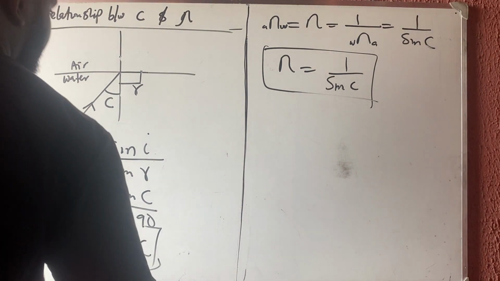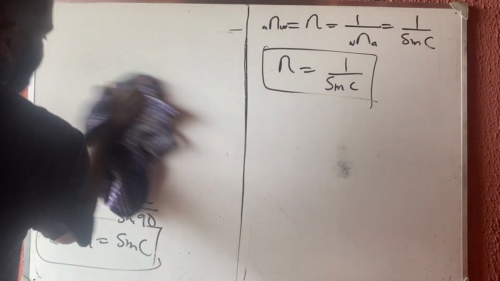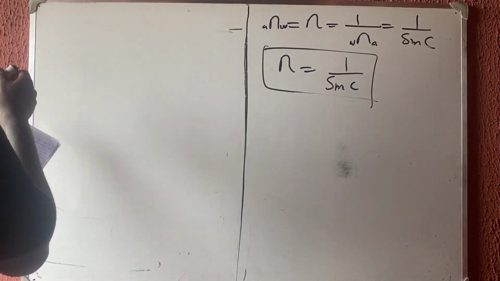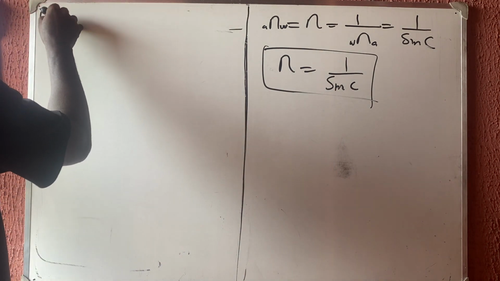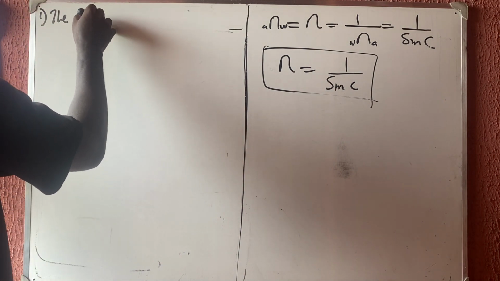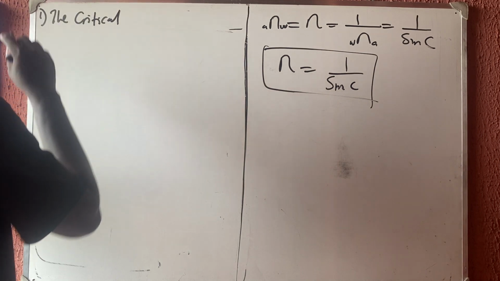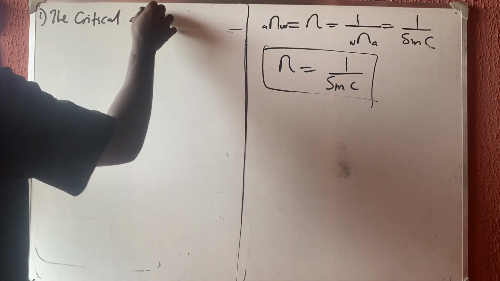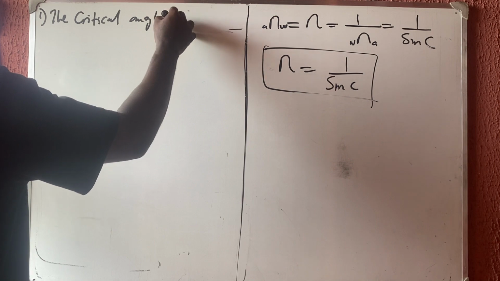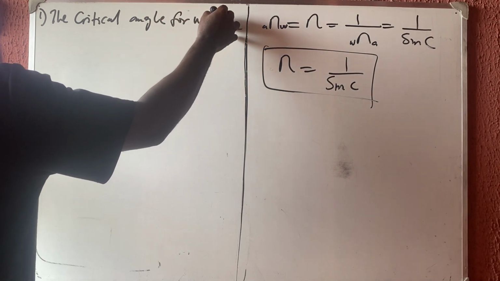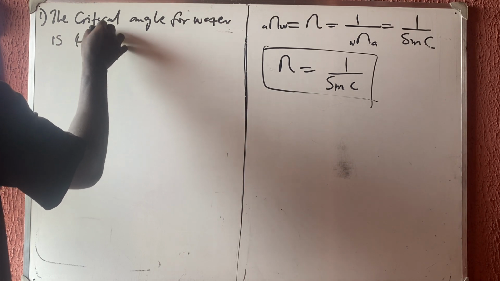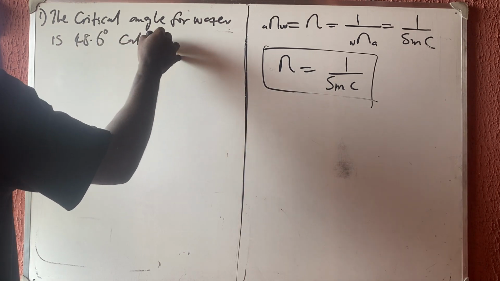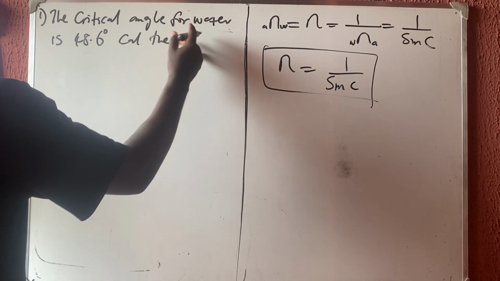I'm going to solve just 2 questions, and then I'm done. The first question said the critical angle for water is 48.6 degrees. Calculate the refractive index of water.